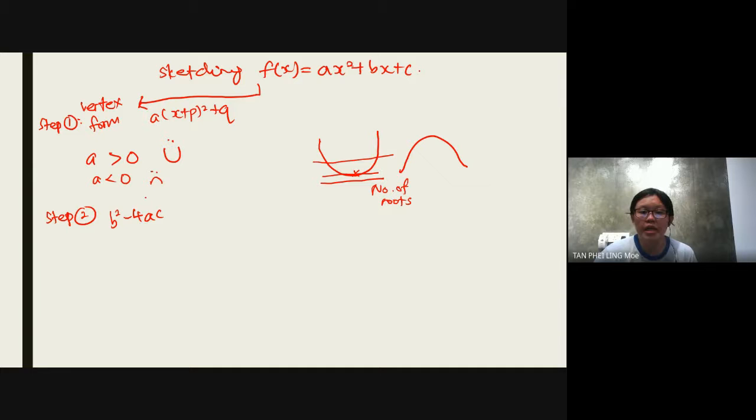You substitute in the a, the b, the c that you get, so that you see whether you get more than 0, then that will be 2 different or distinct real roots, which will be case number 1, like this, or like this.